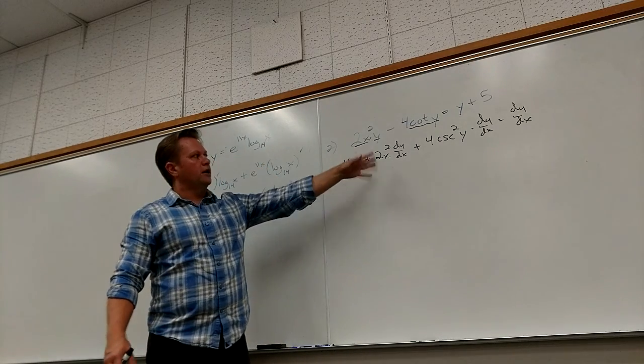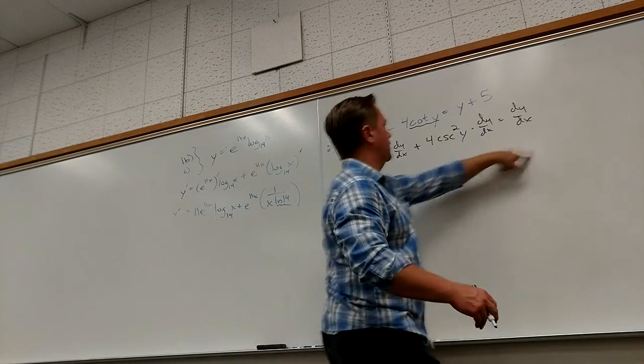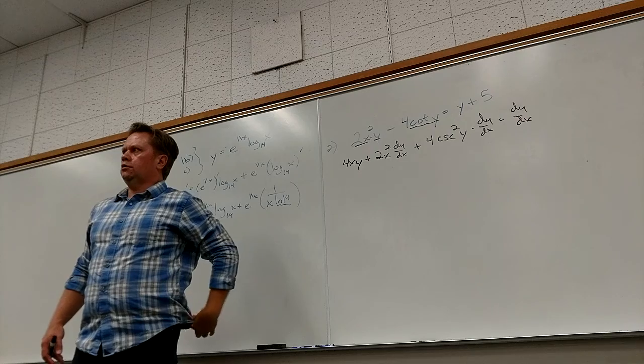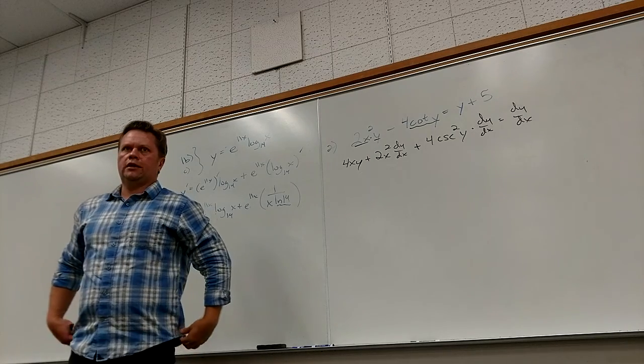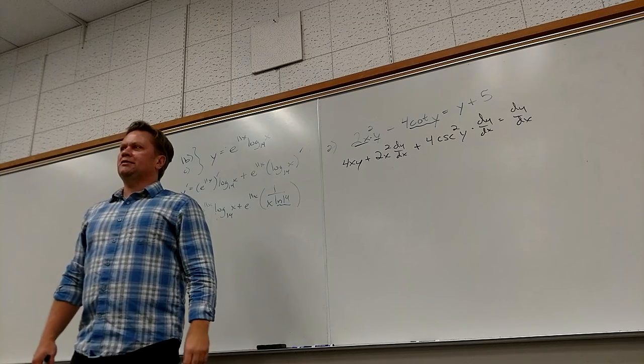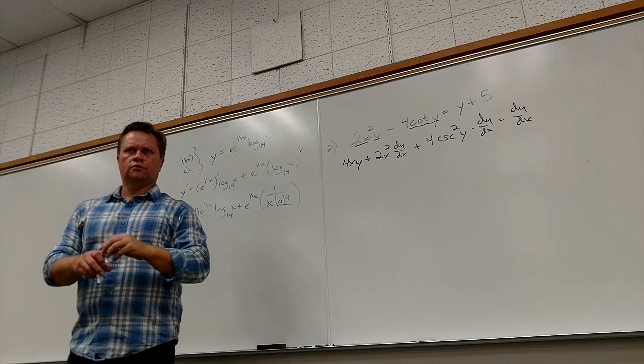And then I just get all your dy dx stuff on one side. Is that cool? So I'm just going to subtract this, factor dy dx. All right, that's how they all work. All the number 2s. Everybody had one that was a little easier than that one, to be honest. Some of you had tangents, sines, cosines, whatever.